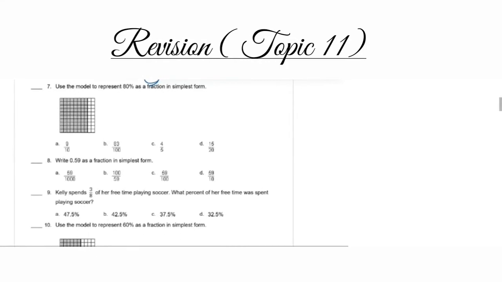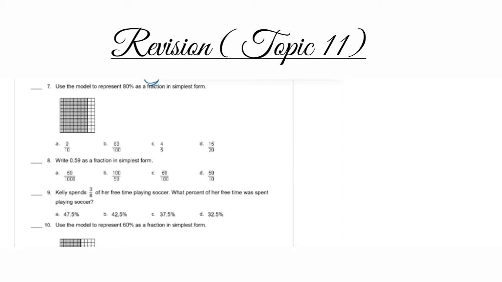Question number 7. Use the model to represent 80% as a fraction in simplest form. Okay, from this model we have 80 squares shaded and 20 not shaded. The total is 100, that's 80%.